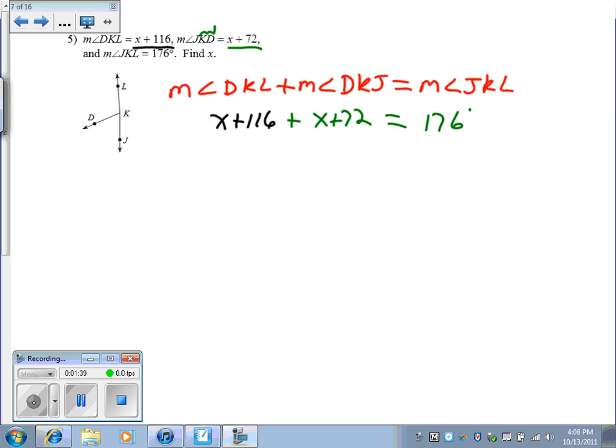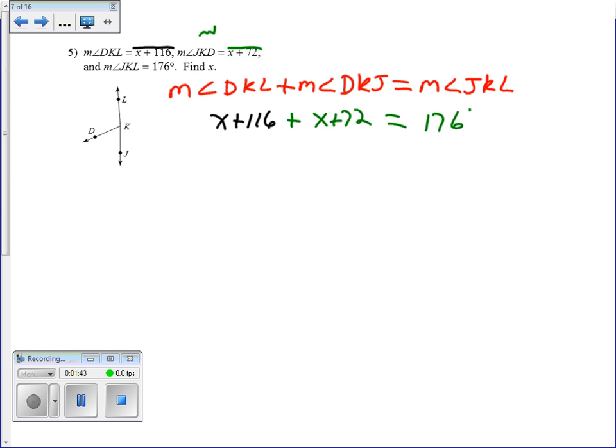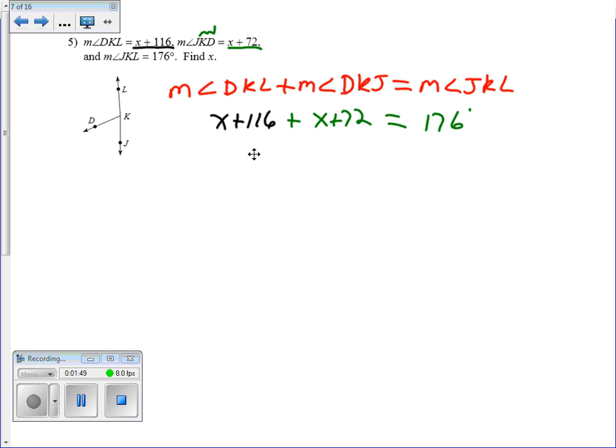Add like terms on the left and you get 2x plus 116 plus 72 gives me 188, which is equal to 176.